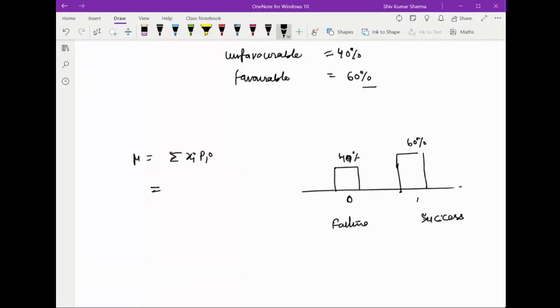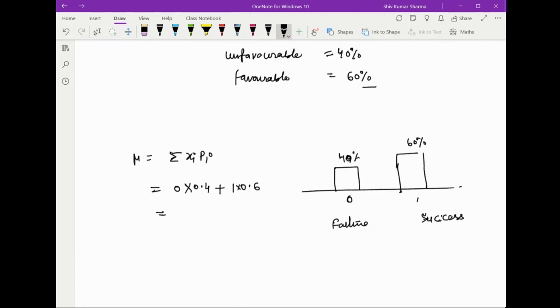When x is 0, the probability is 40%, that is 0.4, and plus 1 with probability 0.6.